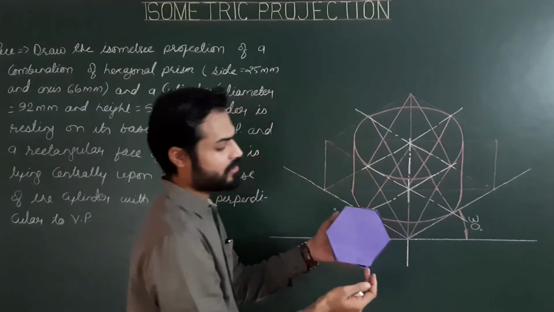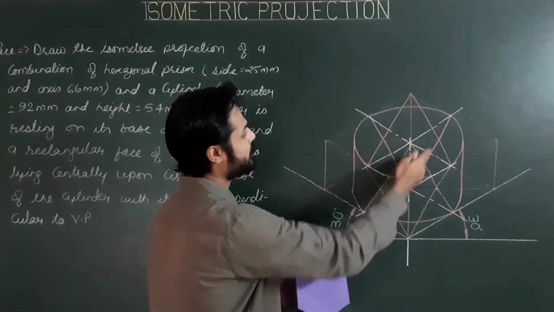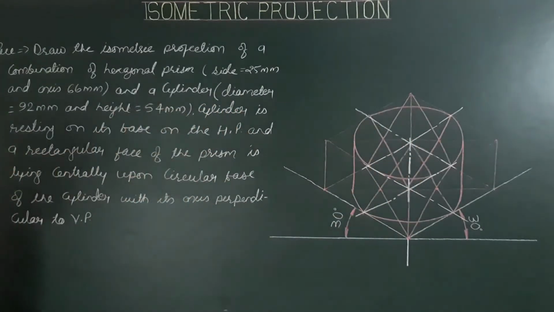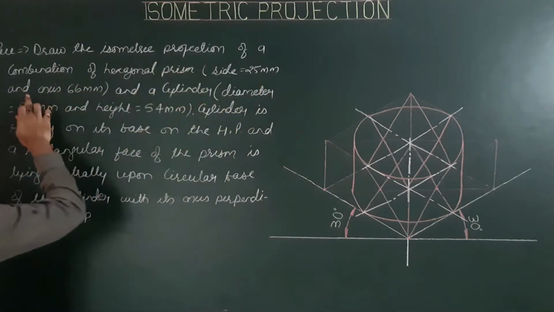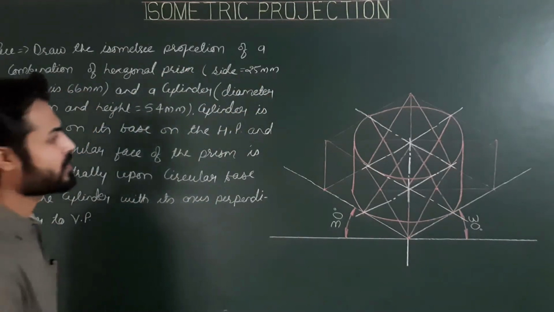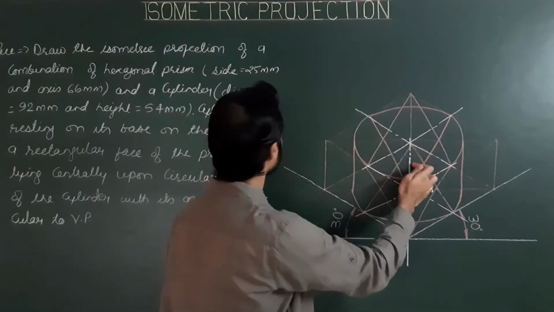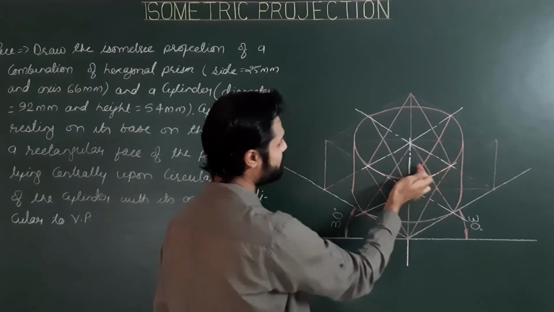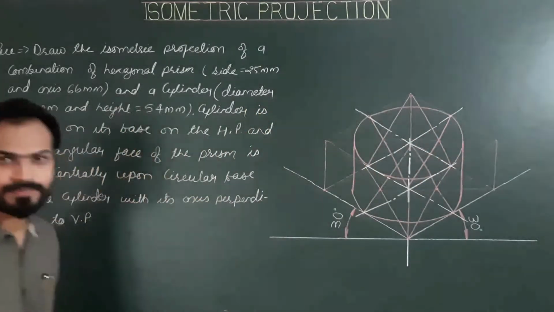It means we have to mark this rectangular face first on the upper circular face, and we know that the side is 25 and the axis is 66. So a rectangular face of size 25 by 66 will be on the upper circular face.